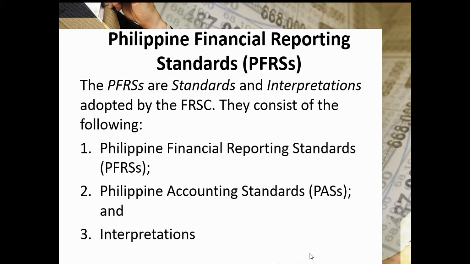But why do we need to have uniform accounting standards? Well, this is because for financial statements to be useful, they must be prepared using reporting standards that are generally acceptable. Otherwise, each business would have to develop its own standards. If that's the case, every business may just present any asset or income it wants and omit any liability or expense it does not want to present.